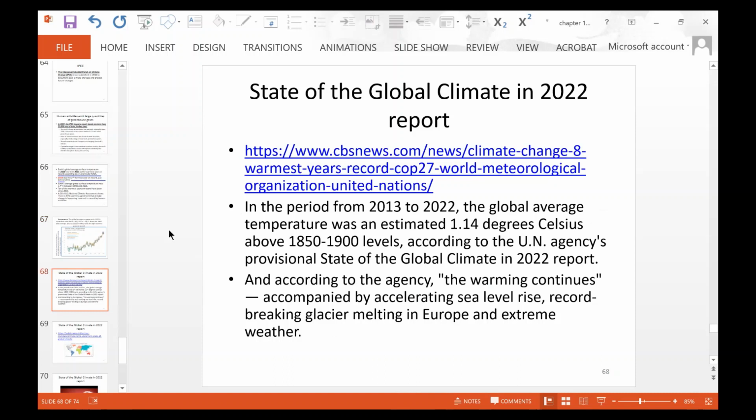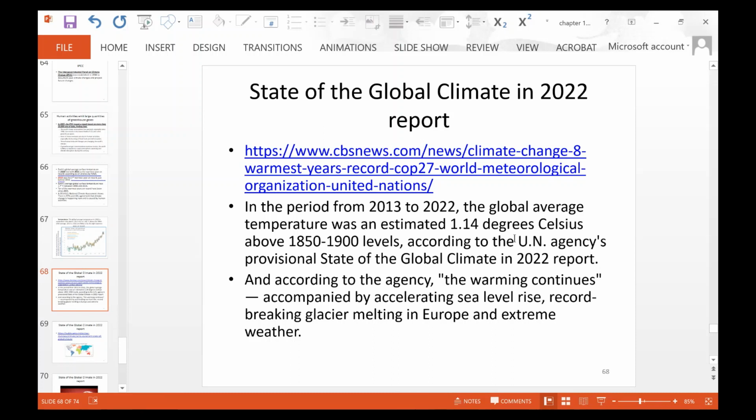And this report just came out, and it's the state of the global climate in 2022. And you can look at the information at this link, and it states that in the period from 2013 to 2022, the global average temperature was an estimated 1.14 degrees Celsius above the 1850 to 1900 levels.